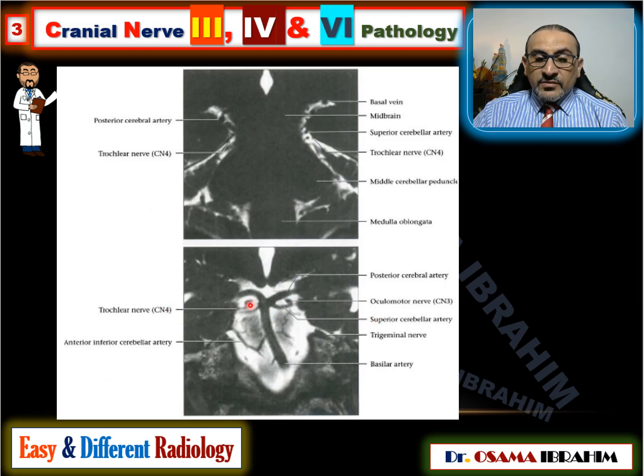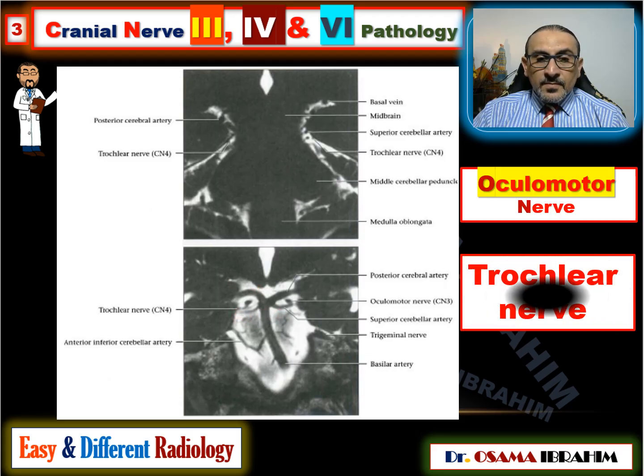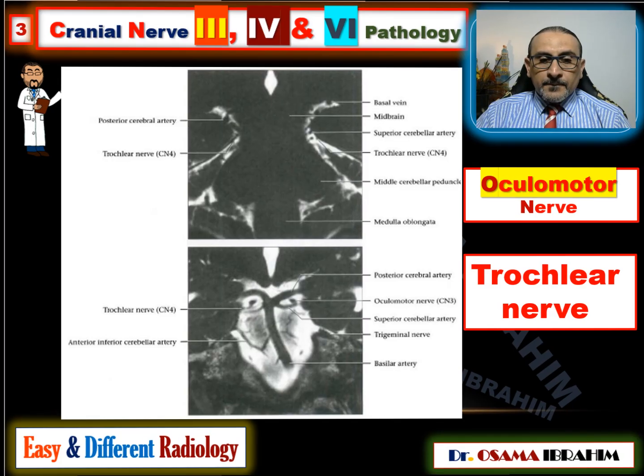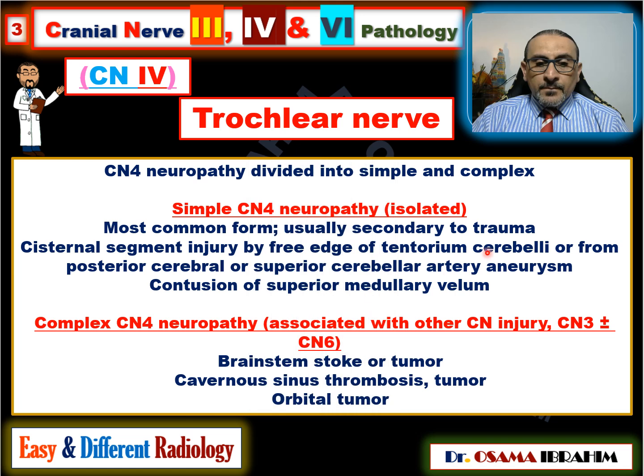Cranial nerves 3 and 4 pass between the posterior cerebral artery and the superior cerebellar artery. Trochlear nerve neuropathy could be isolated, specific to the nerve itself, or complex with other cranial nerve injuries due to brainstem stroke, tumors, or any pathology in the brain.